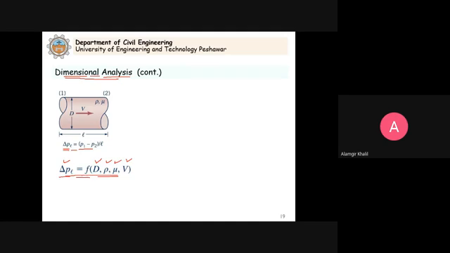So how can we systematically carry out the work? First we consider the dependent variable and one independent variable at a time. If you change the values of V, what is the effect on the change in pressure, keeping the others constant? This is how systematically you have to move.